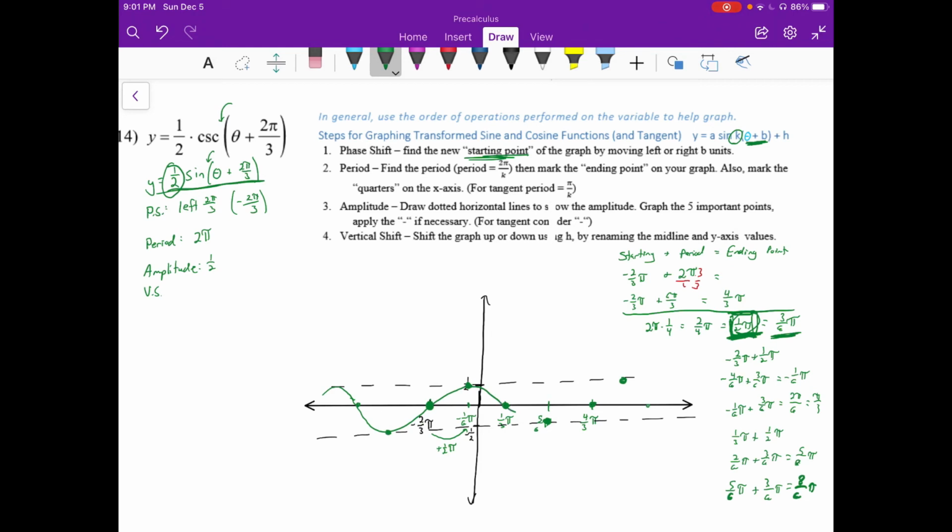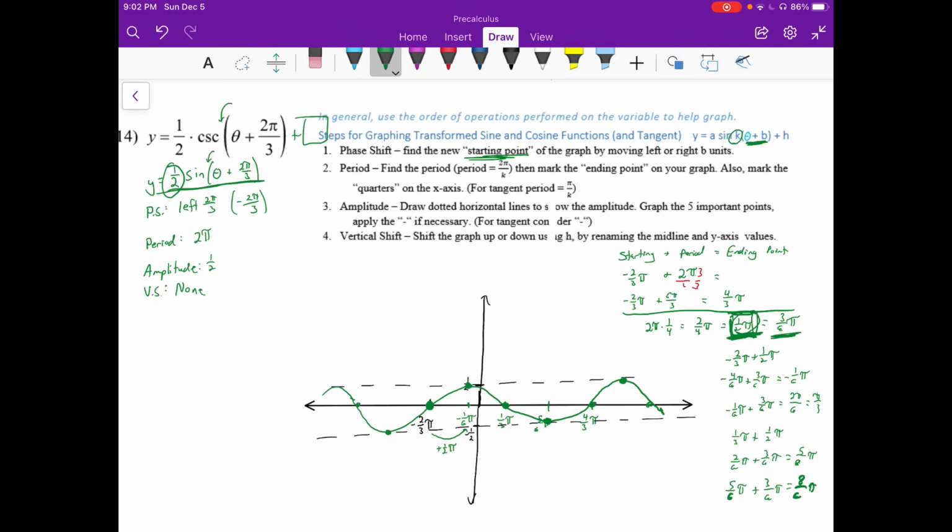Now we're graphing the sine function to aid us in graphing the cosecant function. By the way, there is no vertical shift here, since nothing is added out here.